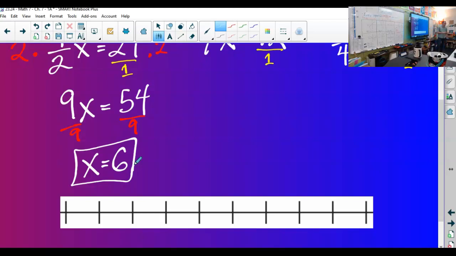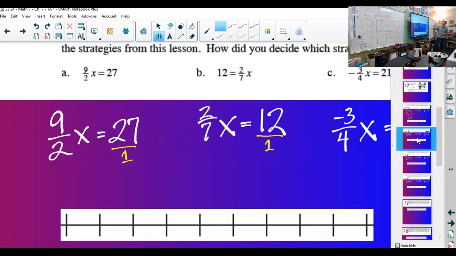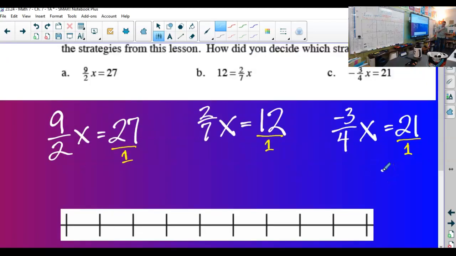Anybody have any questions on that first one? Now, if we did the reciprocal method, that's the wrong stack of cards. Matt, what would the reciprocal of 9 halves be? Or the refliprocal?